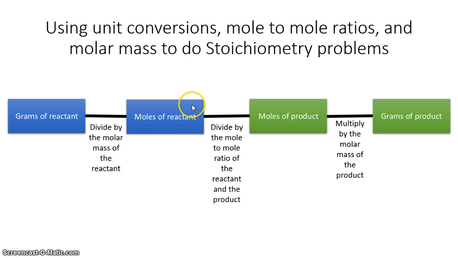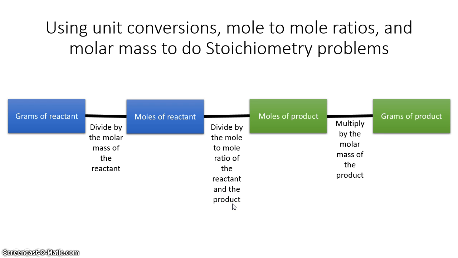Now here's something new. How do we go from moles of reactant to moles of product? Well, that's why you learned about mole-to-mole ratios using sandwiches. To do that, you take the moles of the reactant in the equation, divide it by the mole-to-mole ratio of the reactant and the product.